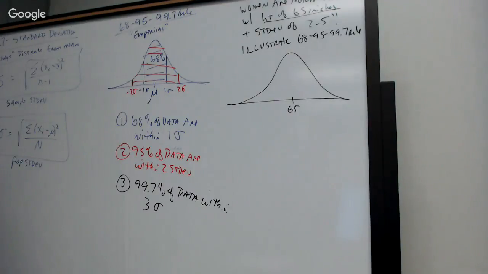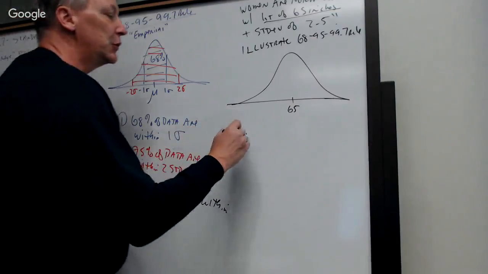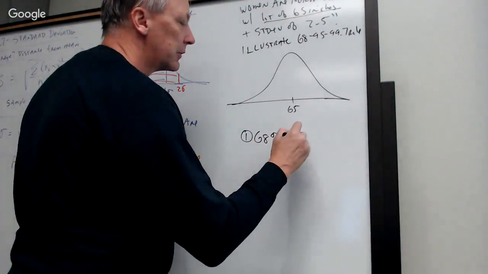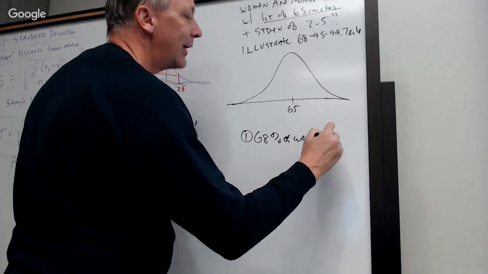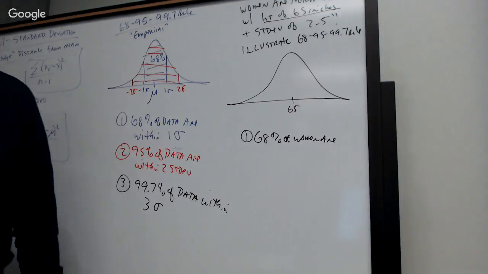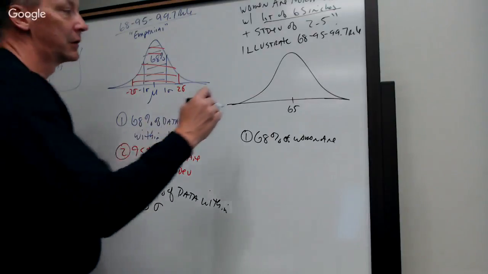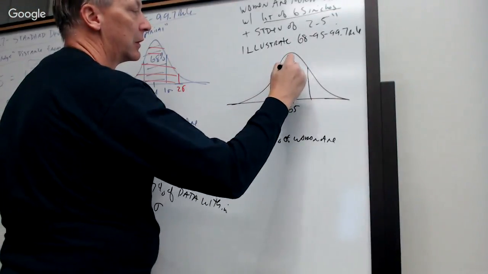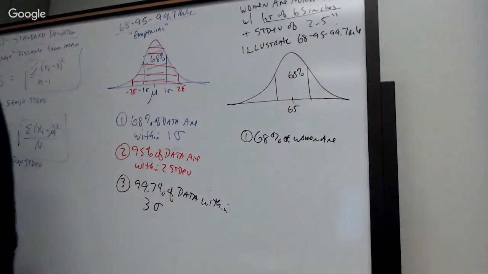Now, the standard deviation is 2.5. So you would say that 68% of women are how tall? Chris, it must be your turn. 68% of women would be 65 plus and minus 2.5.